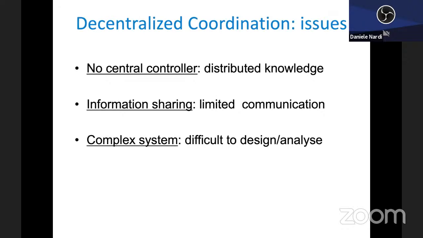We have that knowledge is distributed, and we want to achieve our goal of coordinating the system without exhausting the resources, namely the communication bandwidth, which is limited, and also the computing power. And overall, it's a complex system, typically, where the assignment is a non-trivial problem.